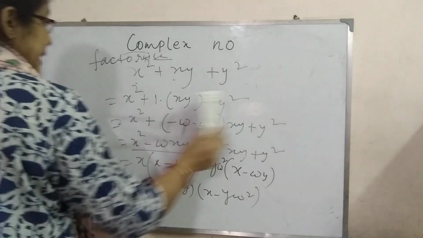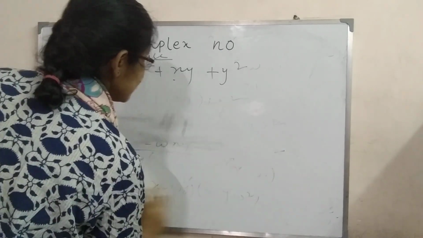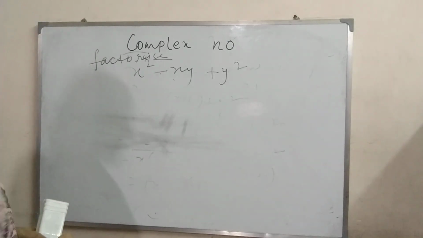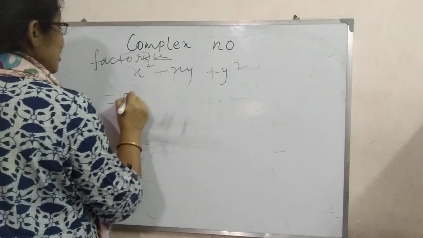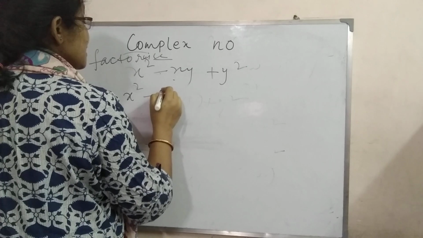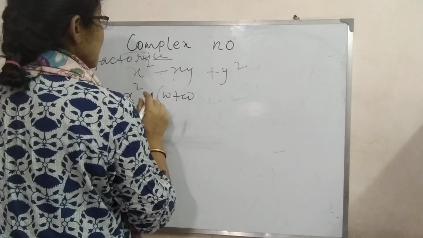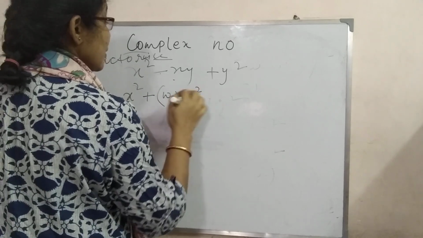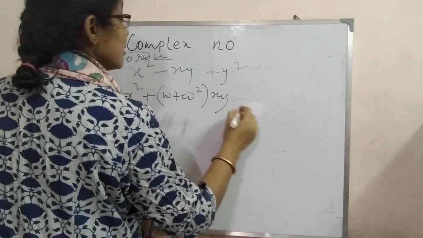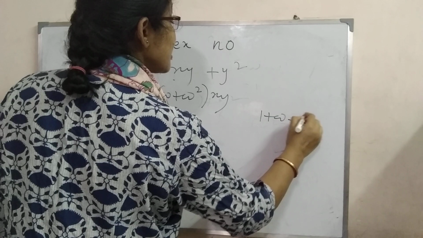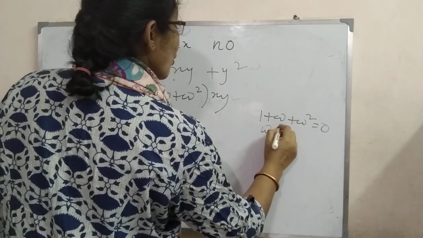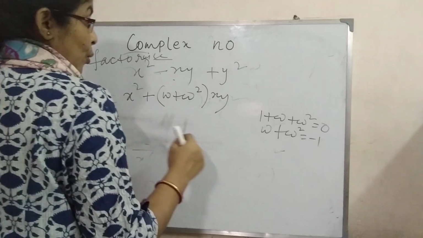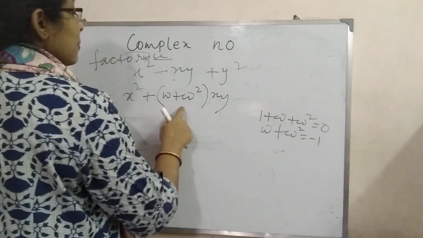If it has x square minus xy plus y square, then I will write it in this way: minus 1 equal to omega plus omega square.